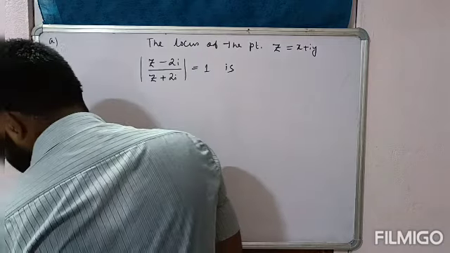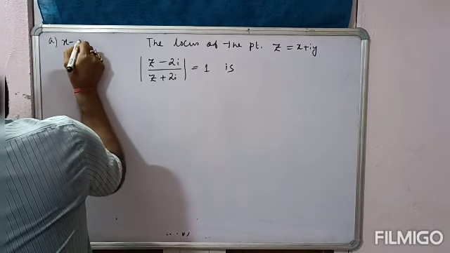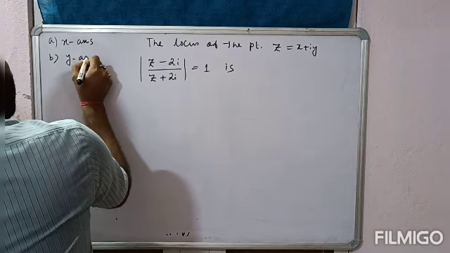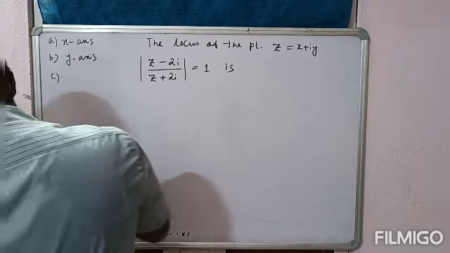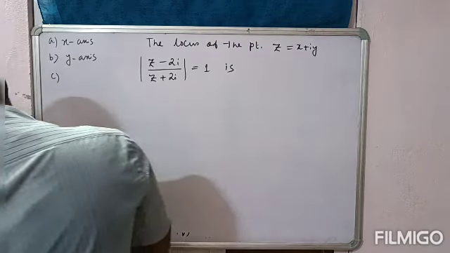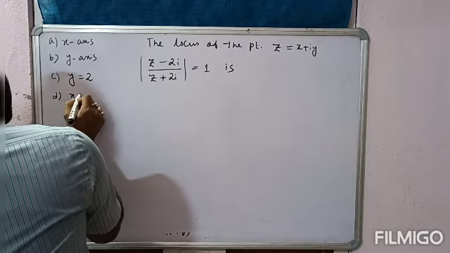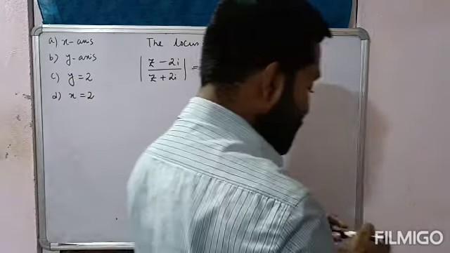Here the first option is x-axis, second option is y-axis, third option is y is equal to 2. And the last option is x is equal to 2. So these are the options given.